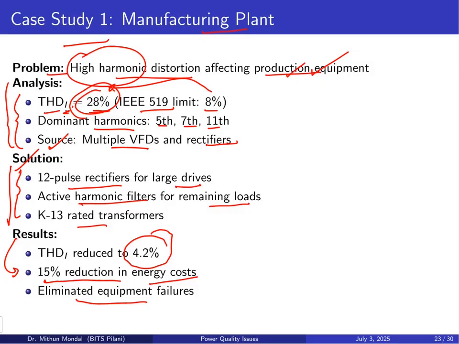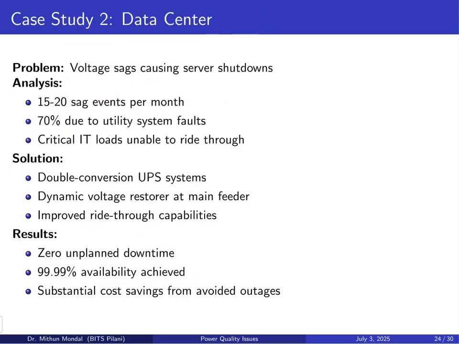So from the case study, the conclusion is that if harmonics are present in the system due to multiple causes, we have to do the analysis and take the proper steps. If you take the proper steps, obviously there will be multiple benefits in terms of equipment failure reduction as well as cost.